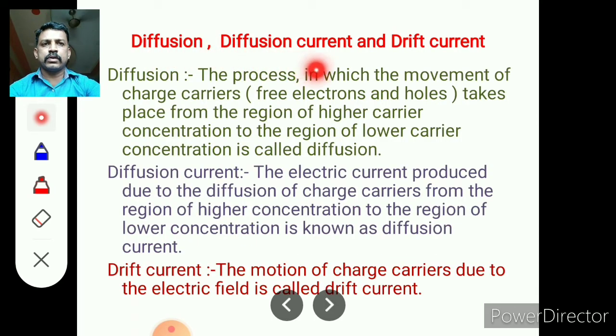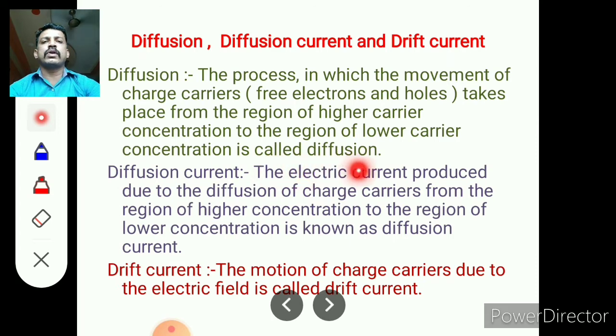Diffusion current and drift current. Diffusion is the process in which the movement of charge carriers, free electrons and holes, takes place from the region of higher charge carrier concentration to the region of lower carrier concentration.